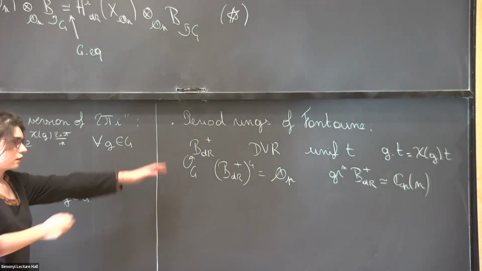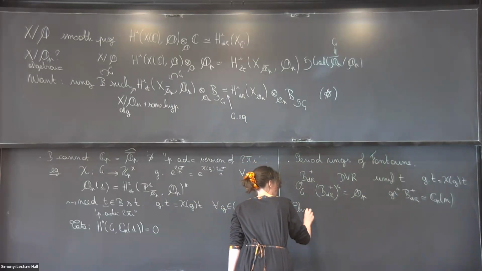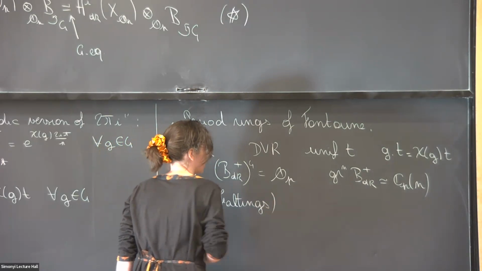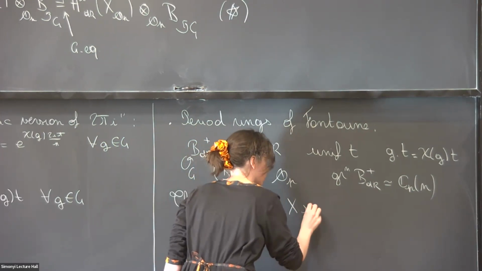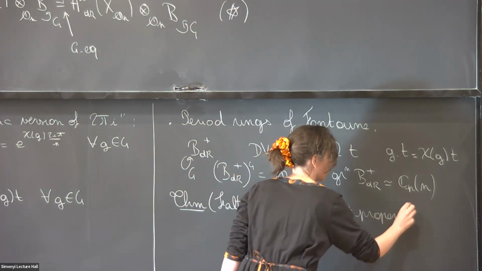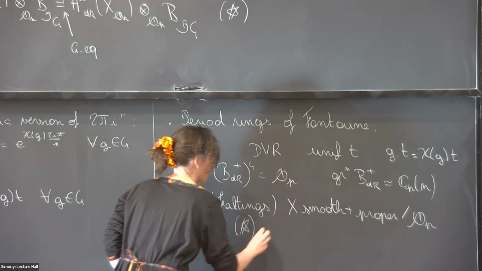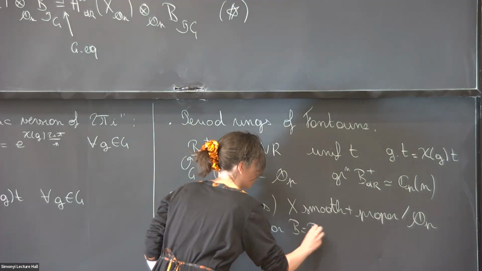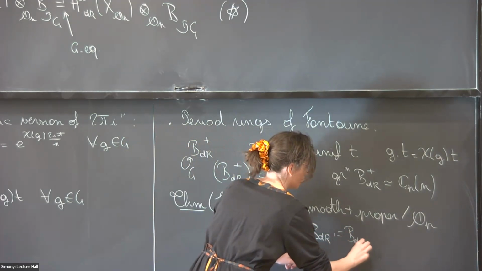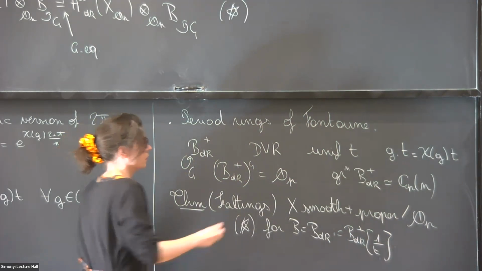So you have this ring, and for this ring we have this comparison. This is a theorem of Faltings. For X smooth and proper over Q_p, we have this isomorphism after tensoring with B_dR, where B_dR is the associated field, so we invert t.